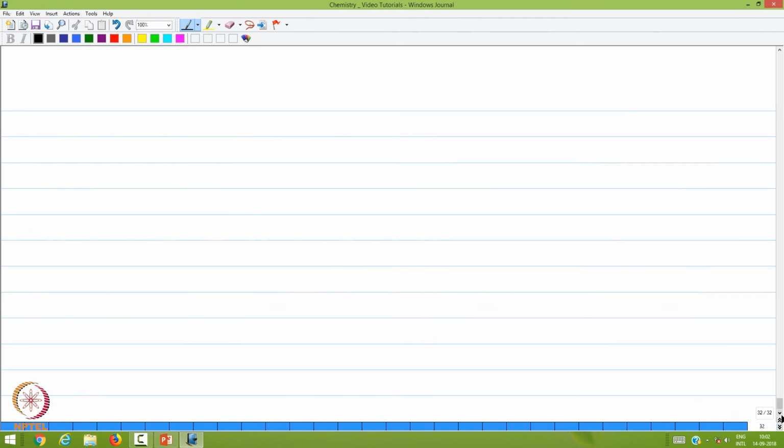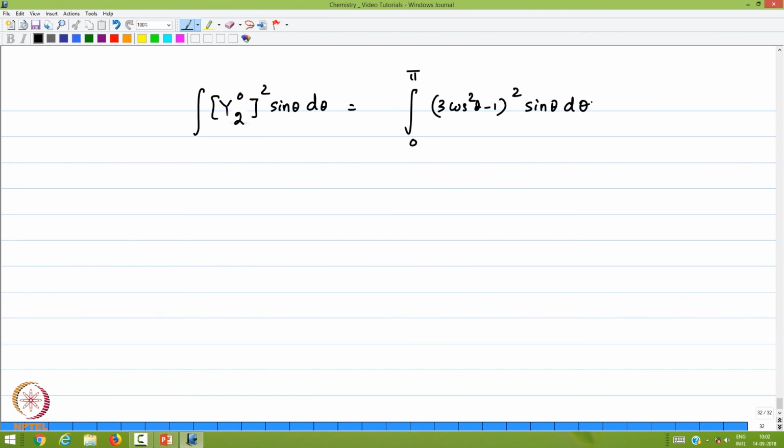Therefore, the integral y 2 0 square sin theta d theta is the integral 0 to pi 3 cos square theta minus 1 whole square sin theta d theta. You can easily do the change of variables, cos theta is equal to x, and follow up all those things.